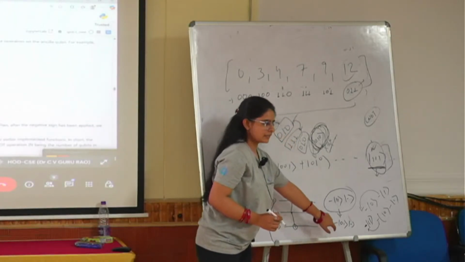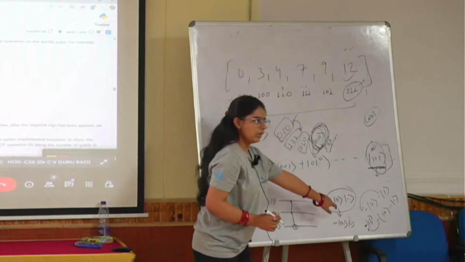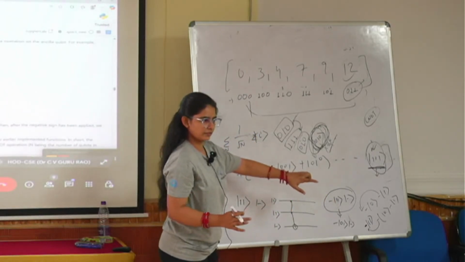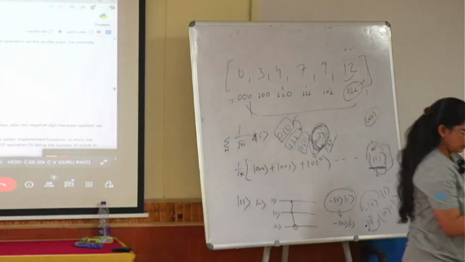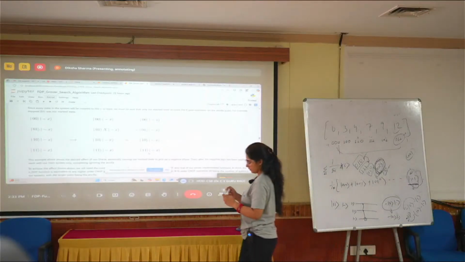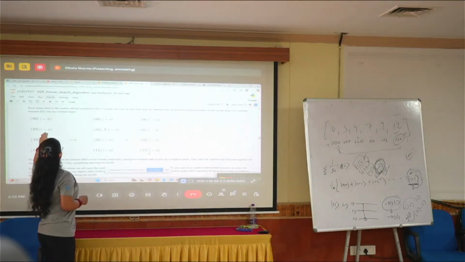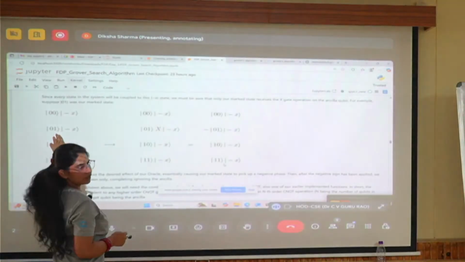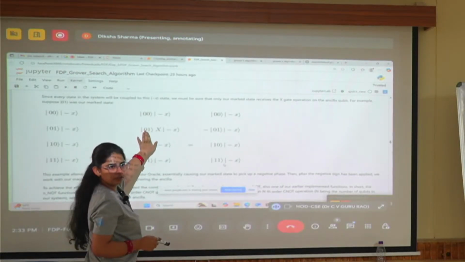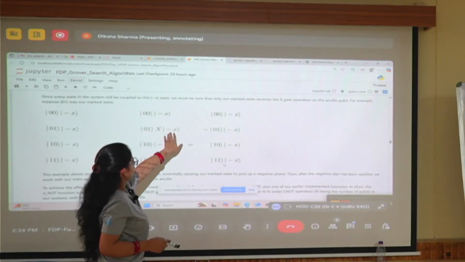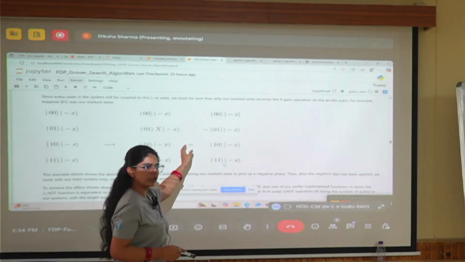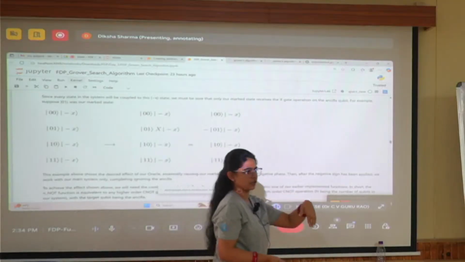So at the end, what is happening here is I am marking my 0 1 only. I am not marking any other state. This is why I have shown that if I am interested in 0 1, I will do the X transformation. With the help of the X transformation, this will be converted into 1 1, and with the help of N C naught, at the end I would be getting this case again after the X transformation.